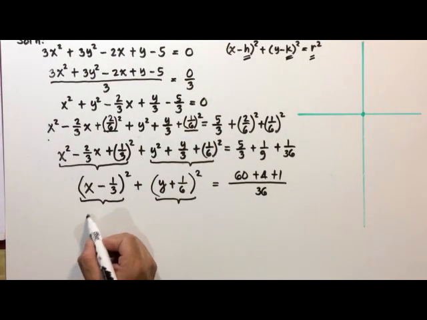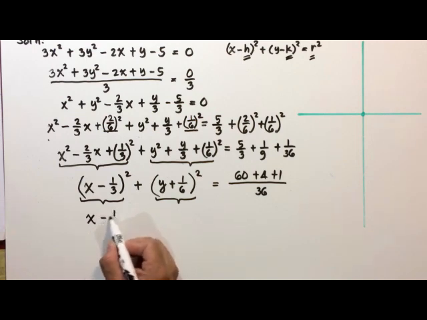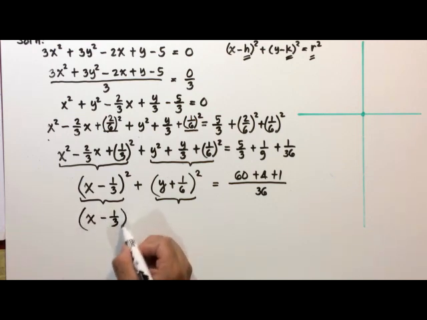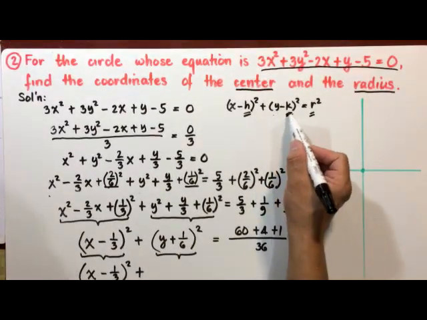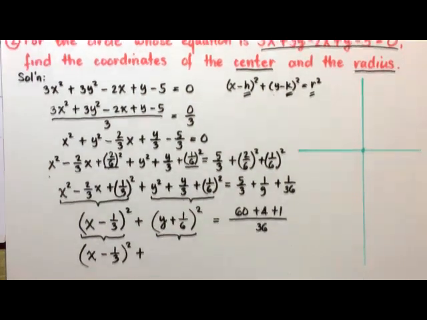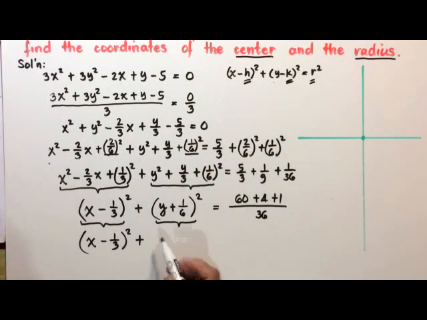So this is x minus 1/3 quantity squared, but this one should have the form y minus k quantity squared, but this is positive. So to make it a minus, y minus the negative 1/6. So that's the technique to convert this like a minus.